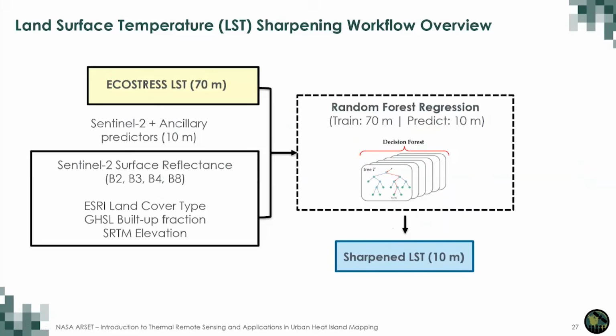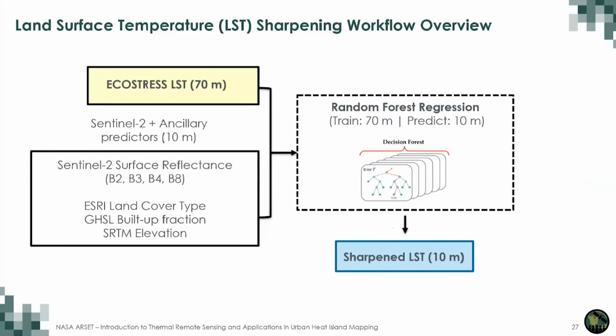So at the highest level, the workflow looks like this. We start out with ECOSTRESS at 70 meters as our target variable, and then we assign predictive variables consisting of Sentinel-2. This is a European Space Agency sensor that was launched in 2015 and generates 10 and 20 meter high resolution visible and shortwave infrared data.